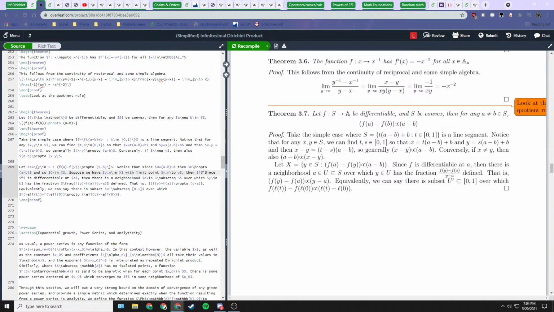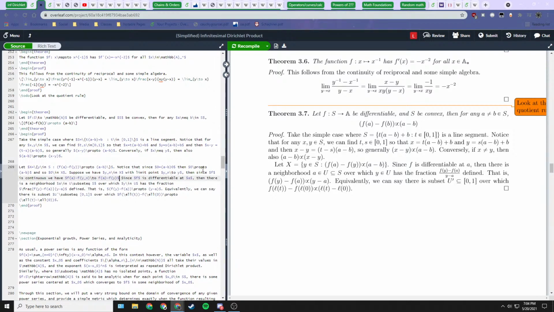Then, since f is continuous, f of a minus f of y sub n goes to f of a minus f of y.